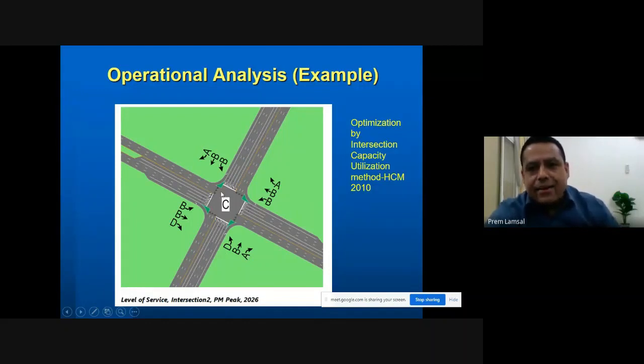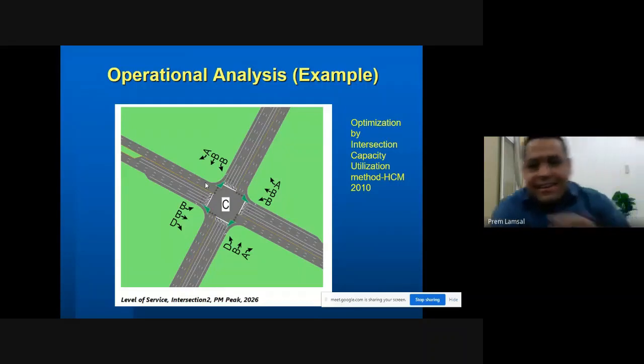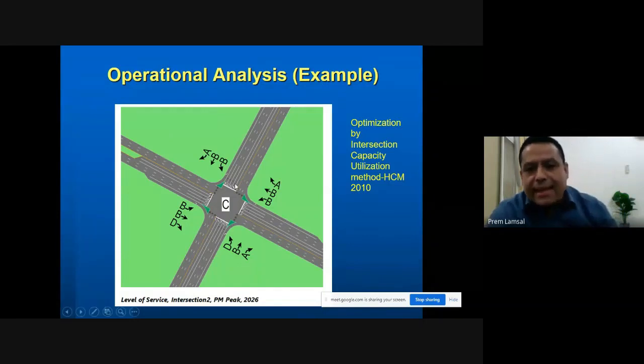I will add here, Synchro optimizes the flow and determines the capacity of intersections by the intersection capacity utilization method as defined by Highway Capacity Manual 2010. In Synchro, there is an inbuilt HCM, in fact. Based on that, it analyzes all the flow based on the given parameters, and it gives the level of service for each lane as well as the intersection.